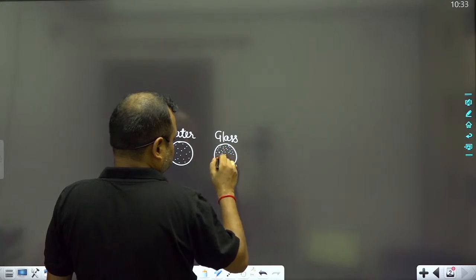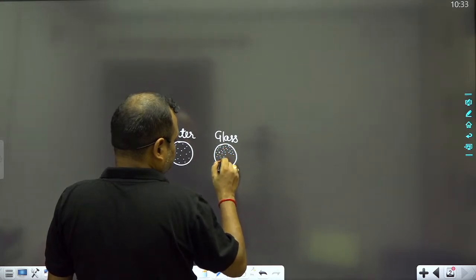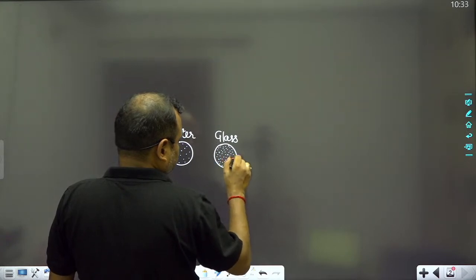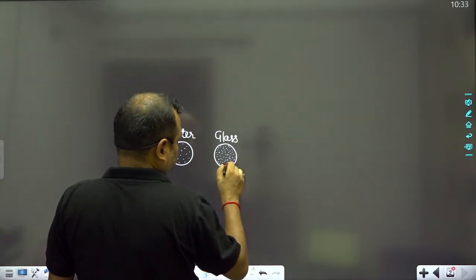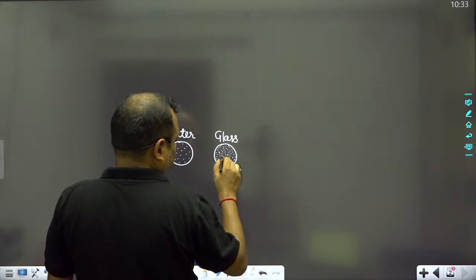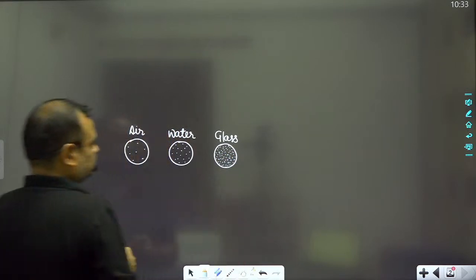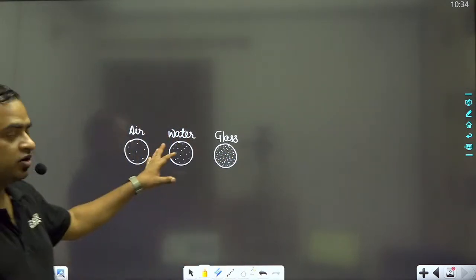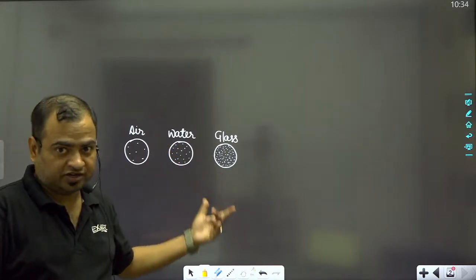Okay, so glass medium particles are very close to each other like this. So here, if I ask you one thing, what kind of medium is water?